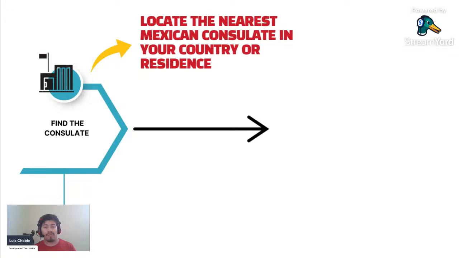Maybe that Mexican consulate is in your own country where you were born, or maybe you are in another country where you live legally. You have a residency, you have bank statements, so in that place you are able to apply at a Mexican consulate because you have a residence. Yes, that is the best option for you.